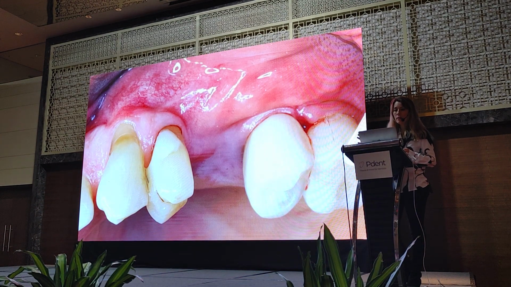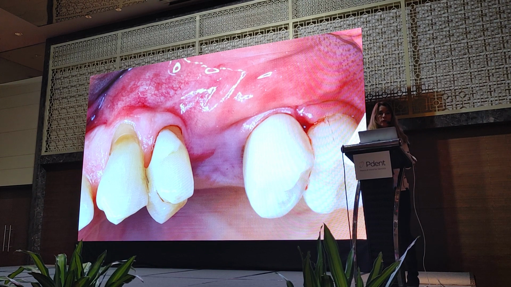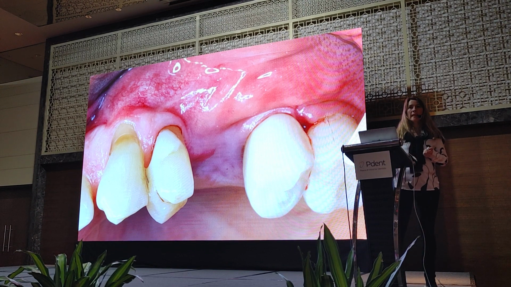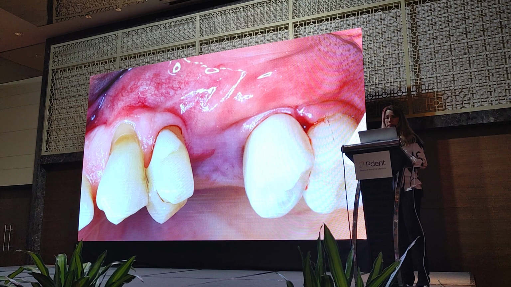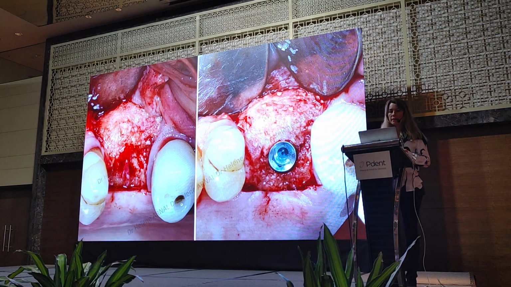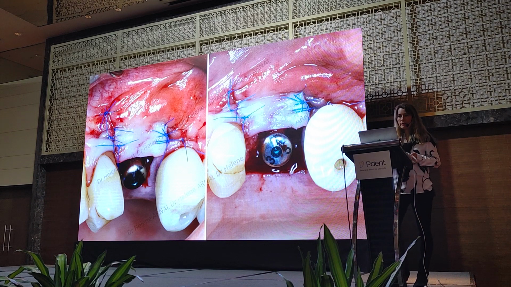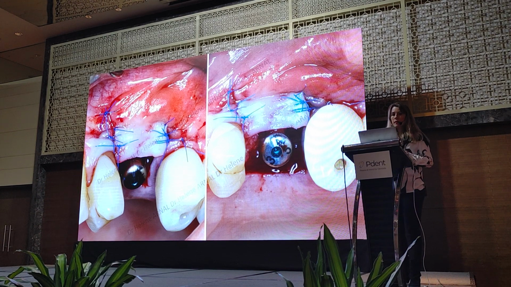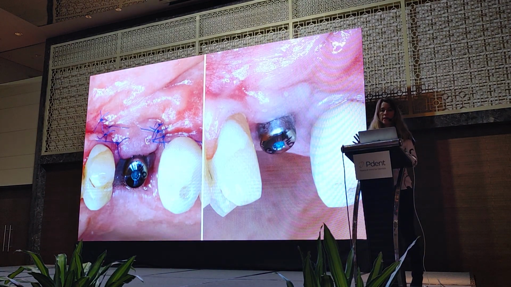But it's a single tooth. I don't want to do complicated things on this patient. So I place the implant, and I'm doing an apically positioned flap. It's a small case anyway, so it heals well.